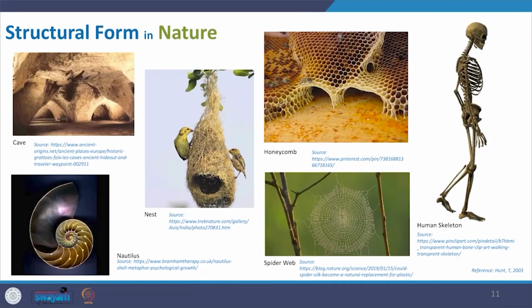The other one is a bird nest, again a fantastic creation, and it really needs some perfection. In due course of time I will show you this particular nest in detail, like how they have made it. It has a purpose to lay their eggs, and then how they make it very safe from other externalities, other dangers.